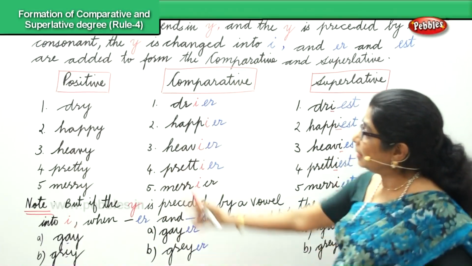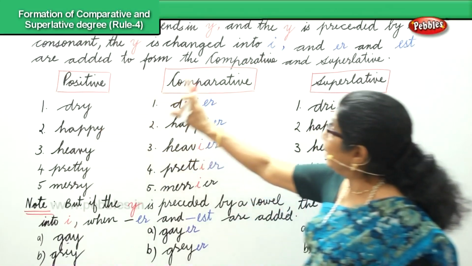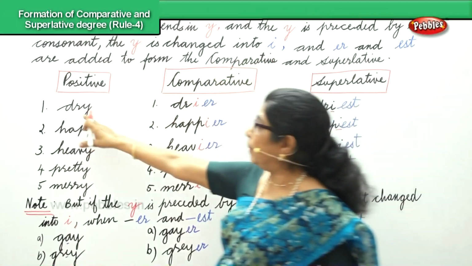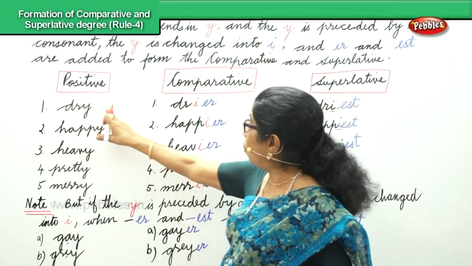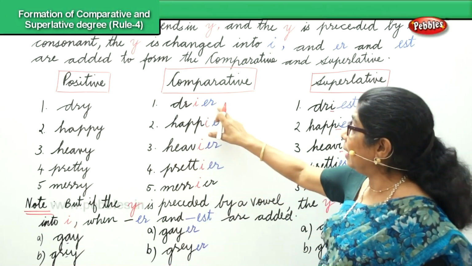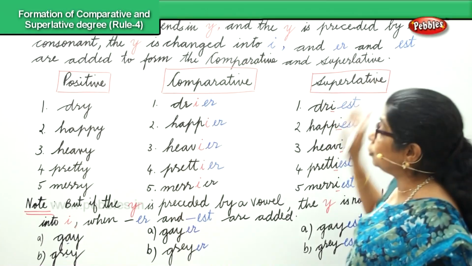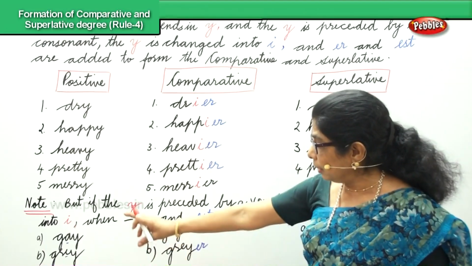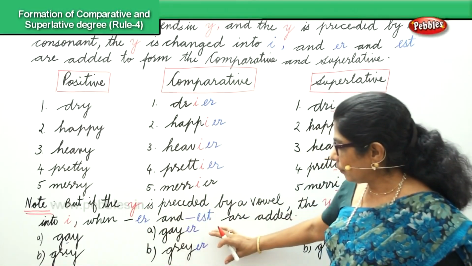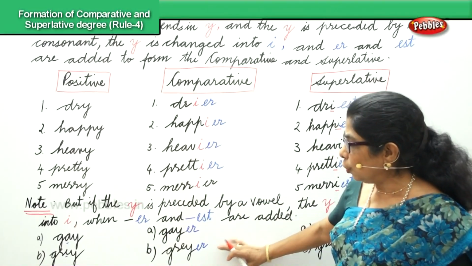Rule number 4 says the positive when it ends in Y preceded by a consonant, then the Y is changed to I, add ER to form the comparative, Y is changed into I, add EST to form the superlative. But there is a little special thing that we need to note.